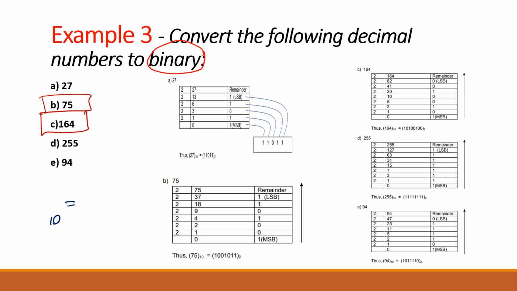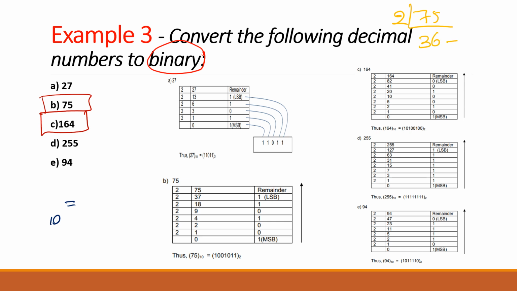Yes. I mean, it's 0, 1. Which one are you talking about, 75? So 75, when you divide 75 by 2, what is it? 74, if you divide 74, that will be 37.